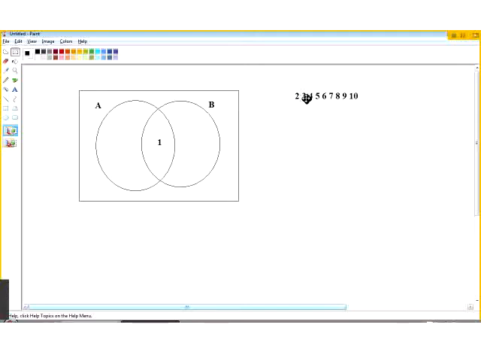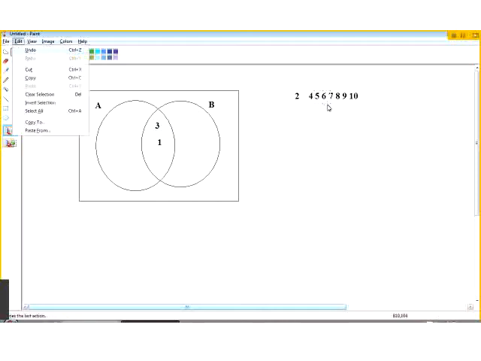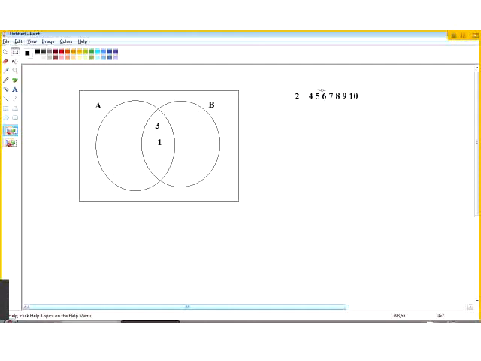Let's say set A has the elements 1, 3, 5, 6.